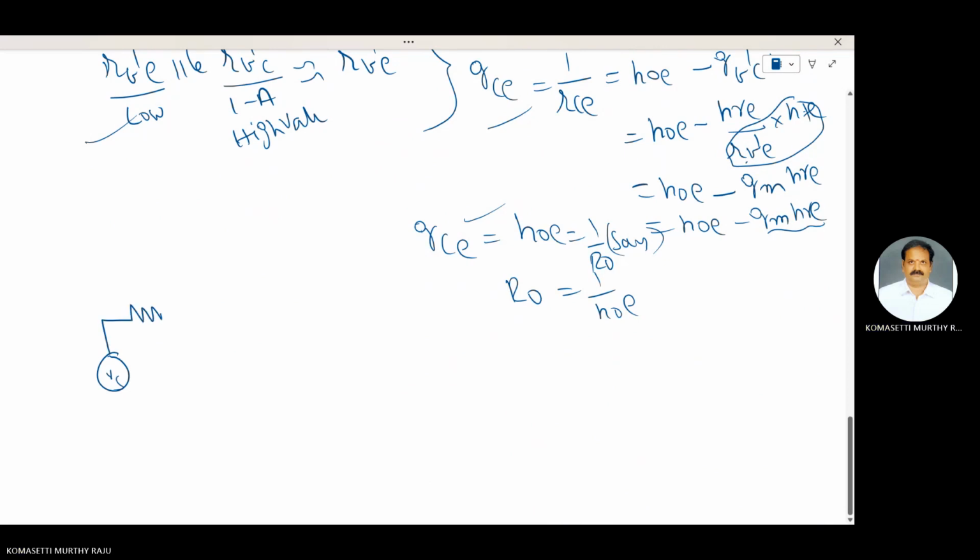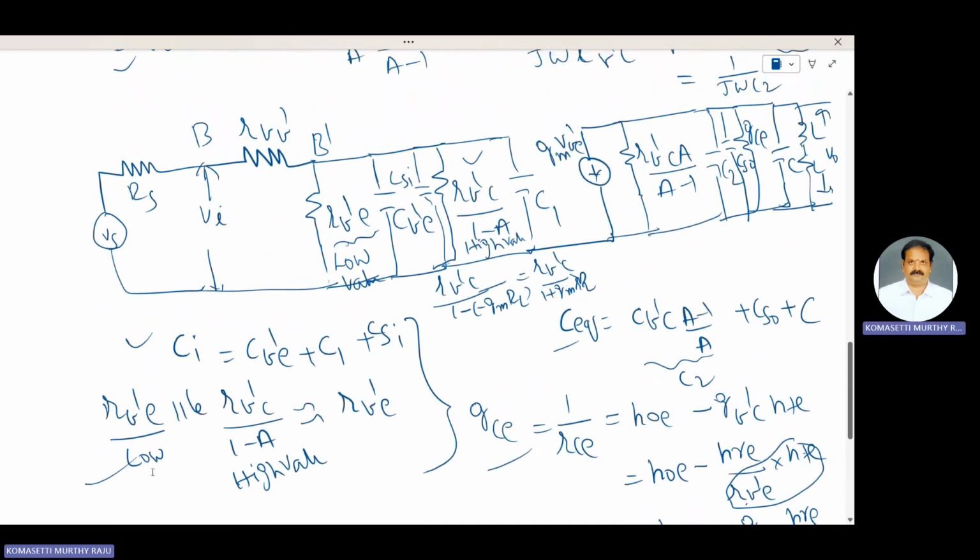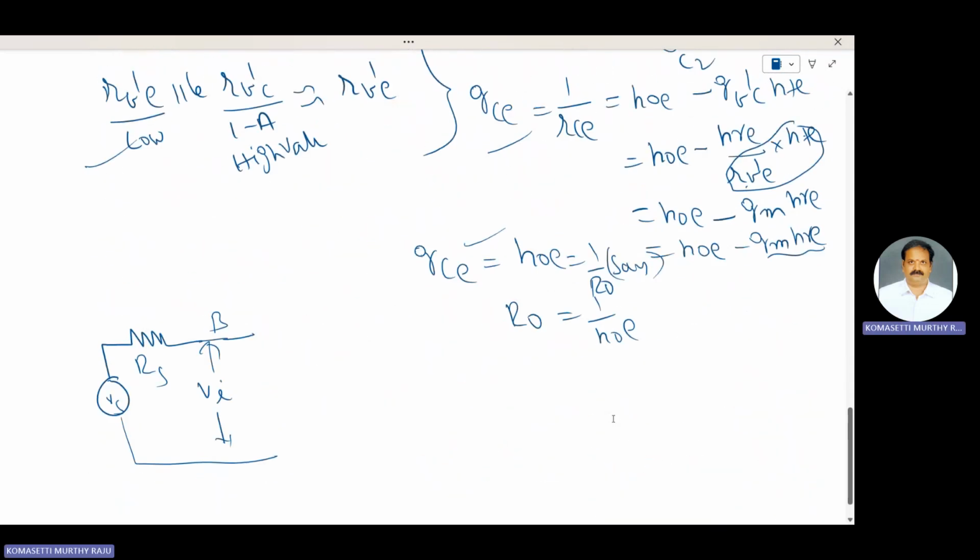VS, RS, here B, here VA. RB'C is in parallel with RB'C by 1 minus A, approximately equal to RB'C. These two are replaced with RB'C.